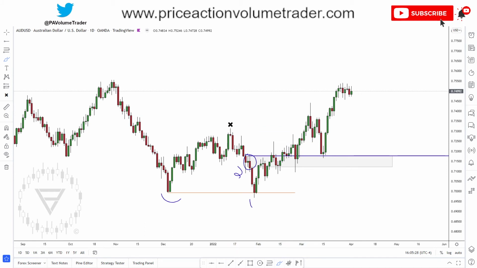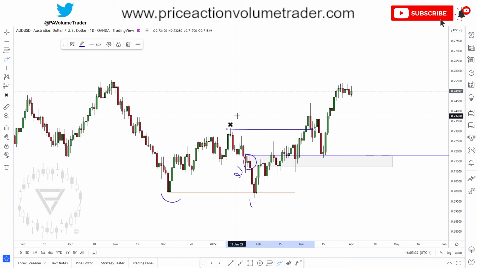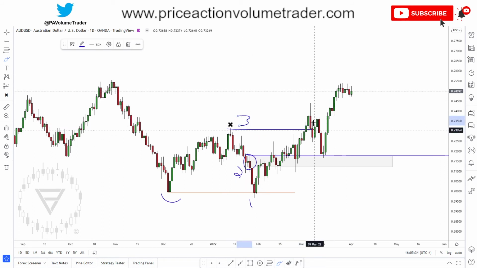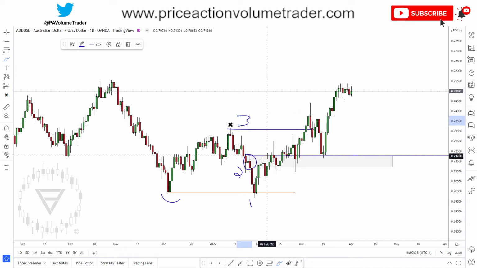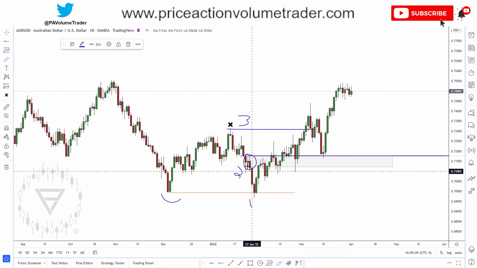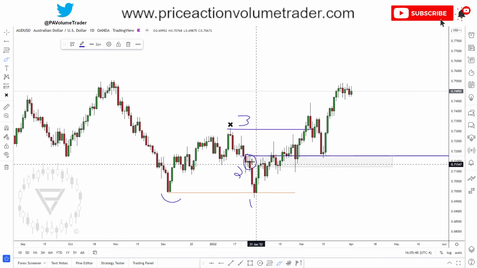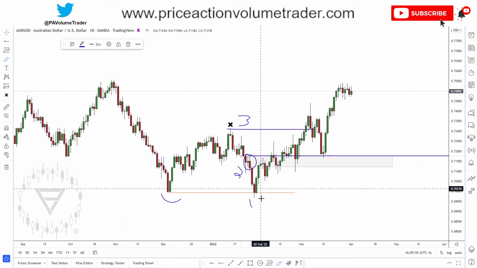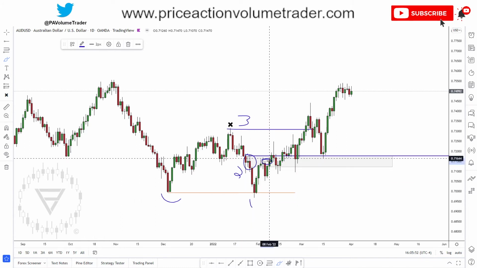I just waited out, and once we have this right here, this is our third step. Now we have broken market structure to the upside. So now this officially becomes our breaker level right here. Basically our last area of resistance, which, as you can see, rejected a little but then failed.